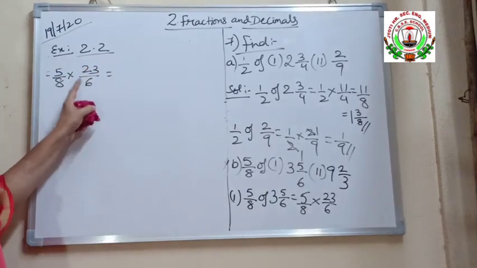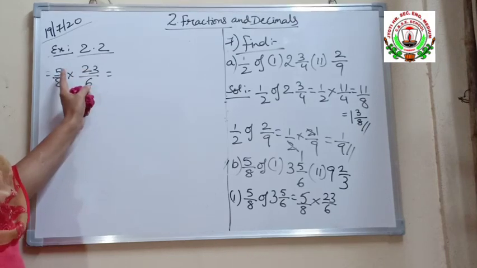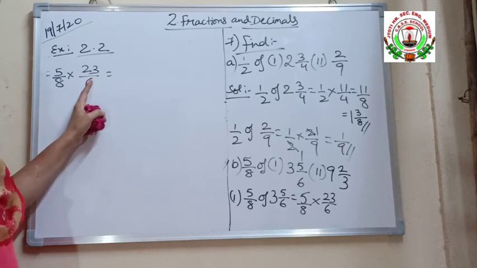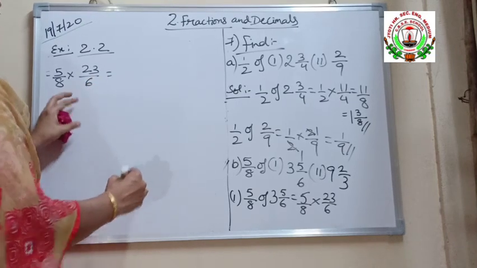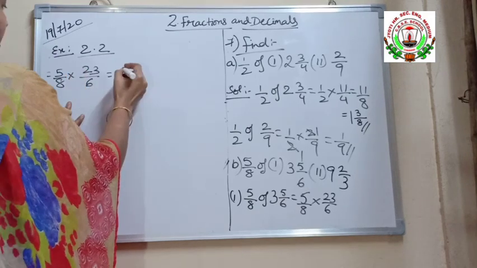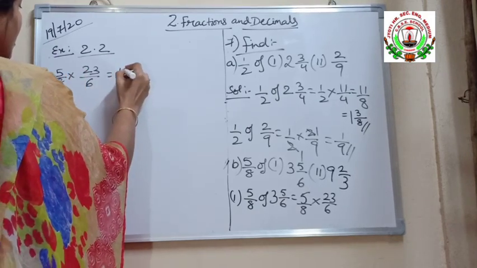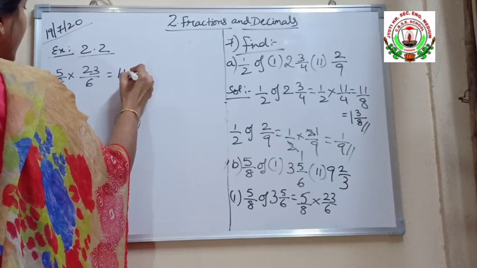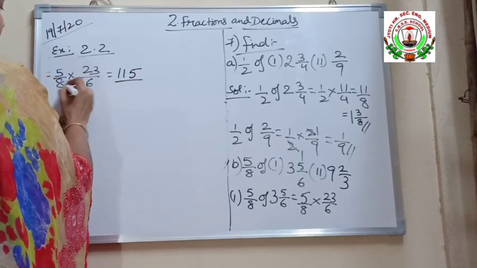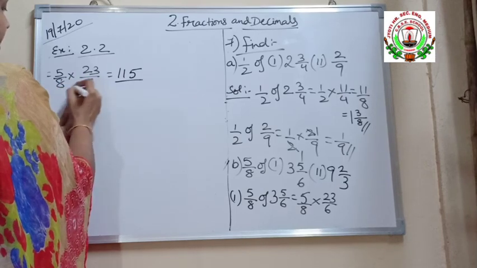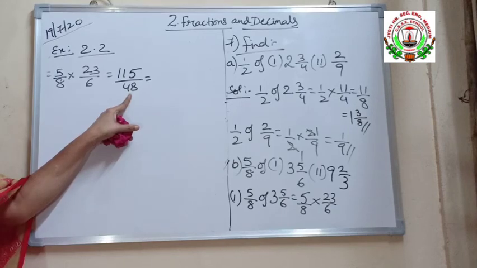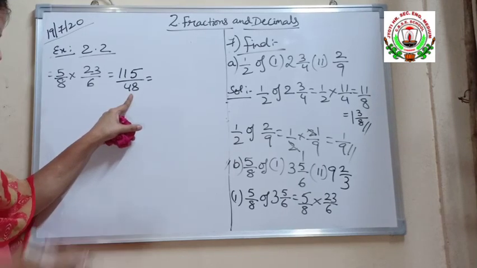There is nothing common to cancel, so I have to multiply the numerator into numerator and denominator into denominator. So I am going to get 5 23s are 115 by 8 6s are 48, and we have to change this into a mixed fraction.